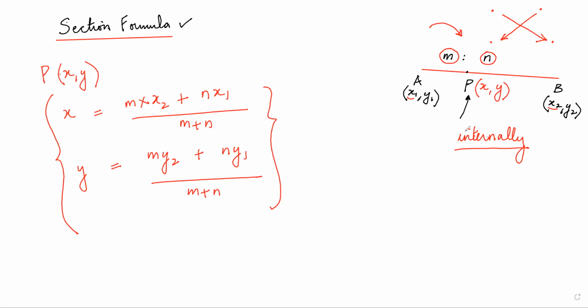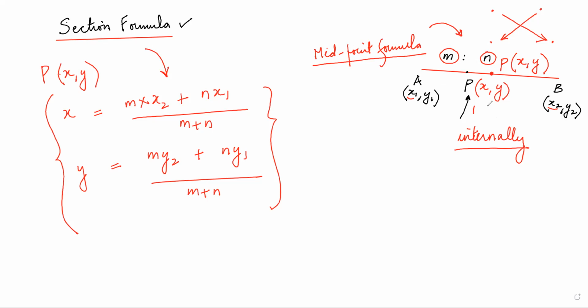Now, imagine if this point P lies in the center of AB, then what will be the coordinates of P? That is another formula known as midpoint formula. Well, midpoint formula can be easily derived from section formula. When P is in the middle, see, this m and n ratio are same.